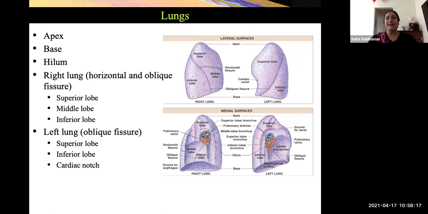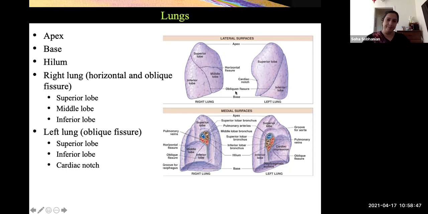And then the last thing that I want you guys to know is the separation line that forms the lobes of your lung. So the separation line between the superior and middle lobe on the right is called the horizontal fissure. So this line is the horizontal fissure. And then the one that comes in an angle and separates inferior from the other two is called the oblique fissure.